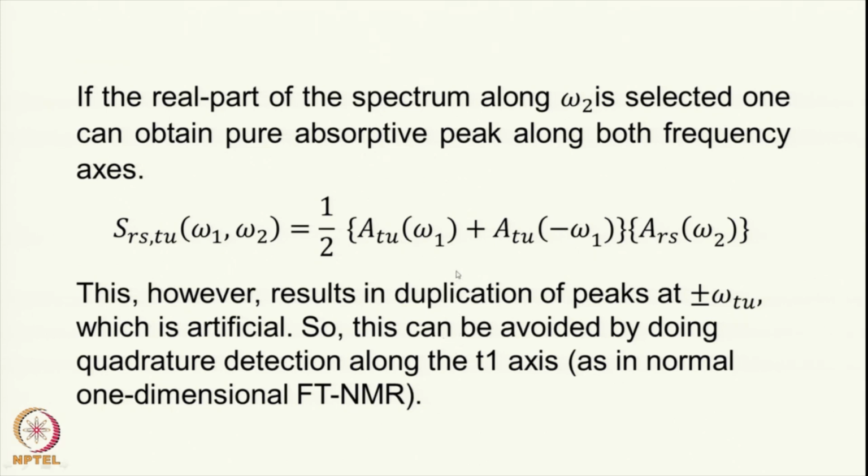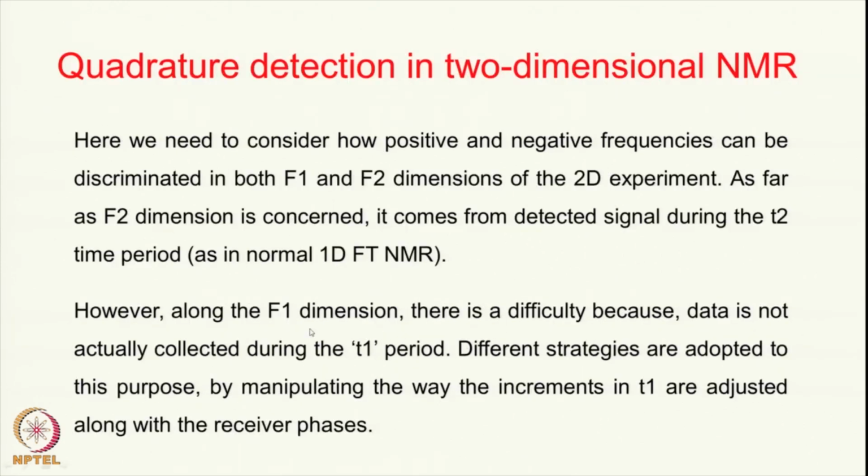Now, since we are not actually collecting the data in the T1 axis, how do we achieve this? We are actually collecting data only during the T2 period. There are many ways one can do it. Along the F1 dimension there is a difficulty because data is not collected during the T1 period.